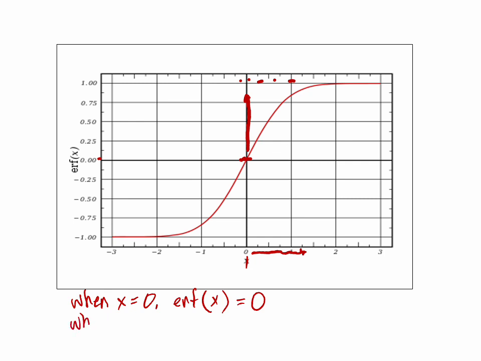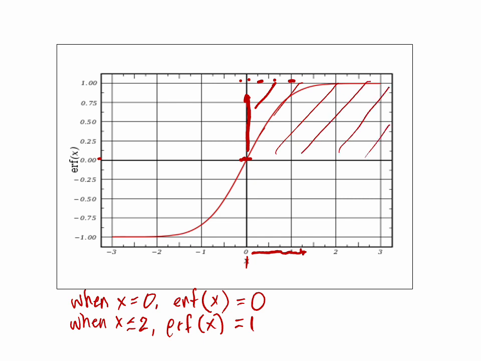When x is greater than or equal to about 2, the error function of x is equal to 1. And the error function of x never gets bigger than 1. And for our purposes, we are going to only be using this quadrant of the error function table.